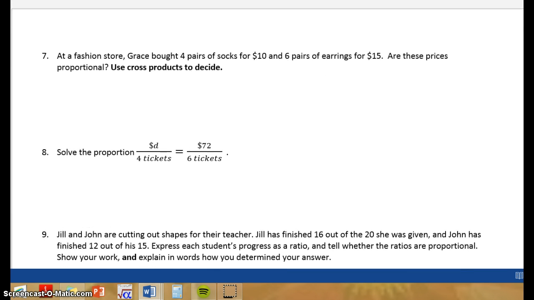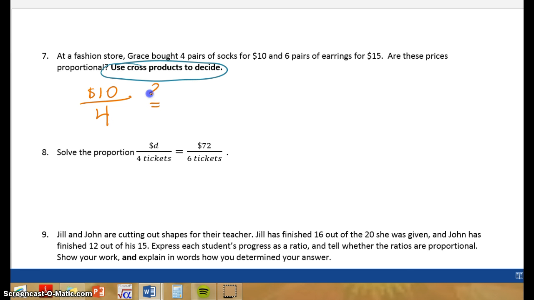At a fashion store, Grace bought 4 pairs of socks for $10 and 6 pairs of earrings for $15. Are these prices proportional? Use cross products to decide. So it actually gives us a hint here to use our cross products if we weren't sure. So we're going to set up 2 proportions. $10 for 4 pairs of socks.